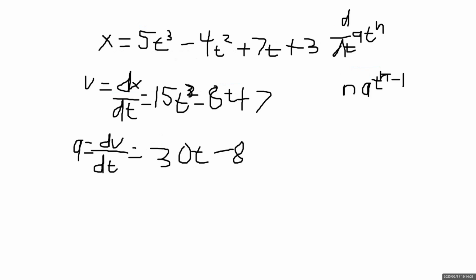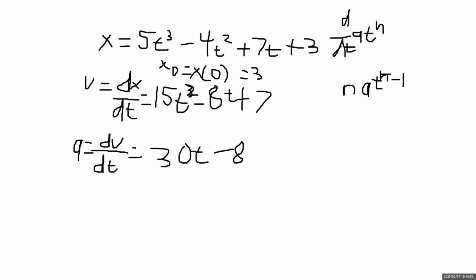Now, x naught is going to be x of 0, so we stick 0 in for t. This is 5, 0 cubed is 0, minus 4, 0 squared, also 0. 7 times 0 is 0, we're left with 3.